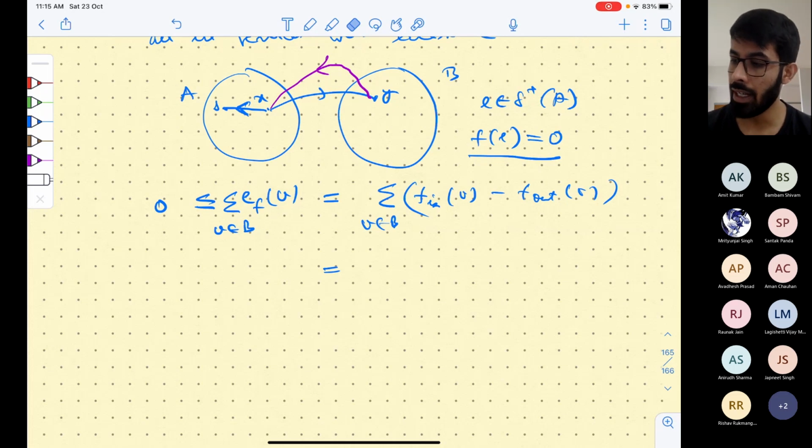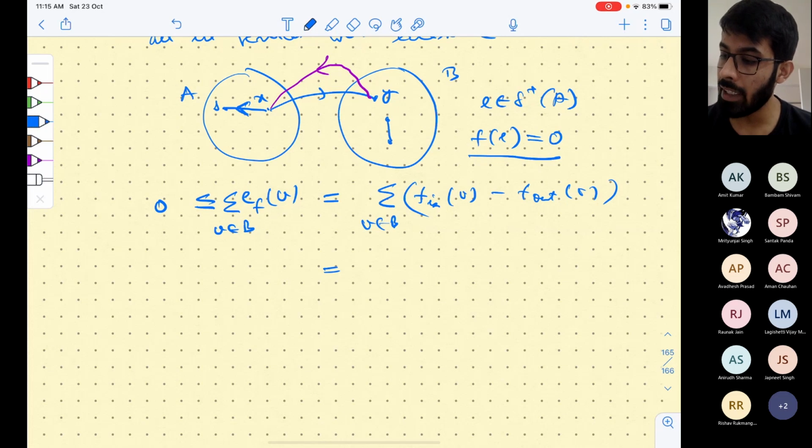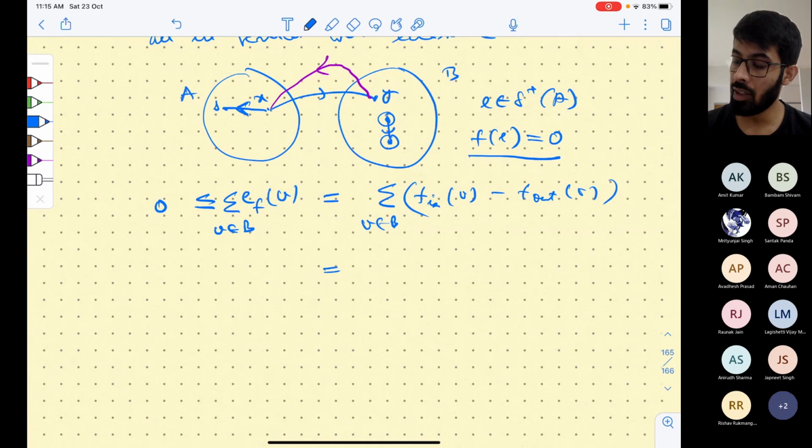Okay, so again, for any edge that is inside B, F in of V will come once on the positive side, once on the negative side. So those things will cancel out for any edge that is inside. So if you look at only the edges which are coming in and edges which are going out, those will remain.